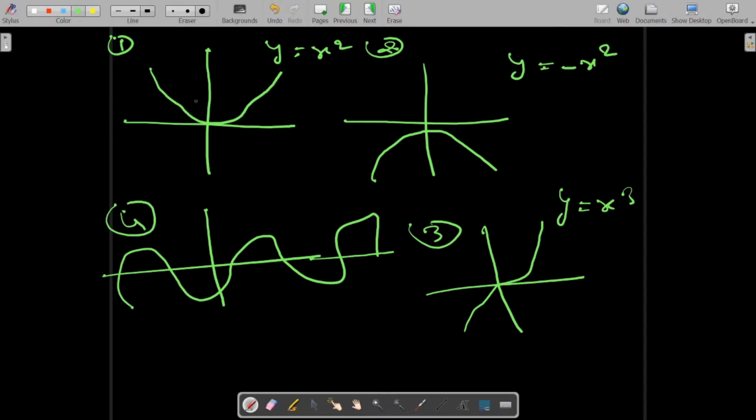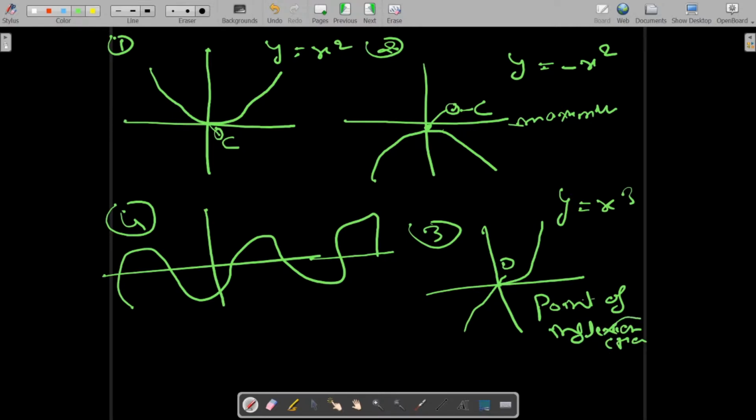In this particular graph, at this point C, which is nothing but 0, it is taking a minimum value. In the graph y equal to minus x square, at this point 0, it is taking maximum value. At this point, it is the point of inflection. Some books write it like XION or CTION, so both are same.